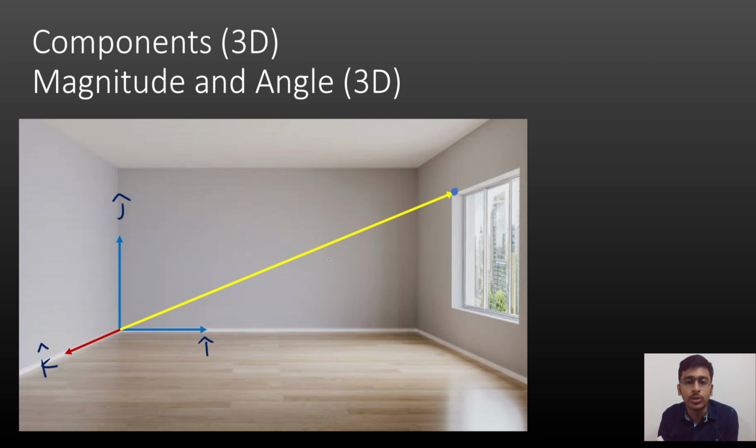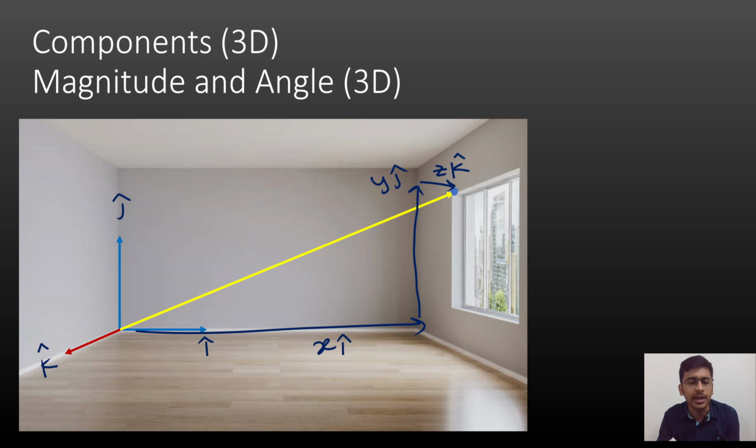To get to this fly we can go a lot of ways, right? So we can either go some x distance here, x i cap, then we can go a few distances in the j cap, let's say y j cap, but even after going there I need to still travel in the k cap direction, z k cap, to reach that fly.